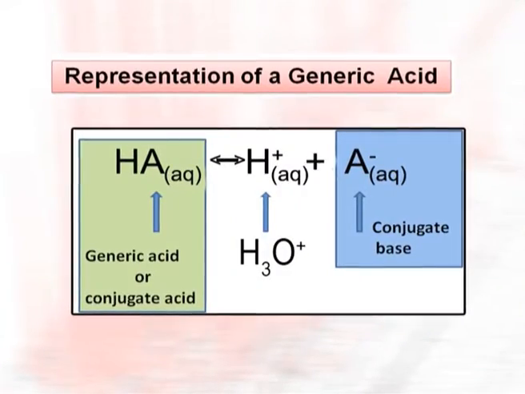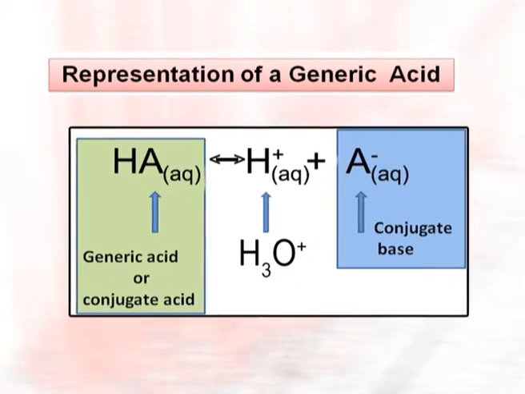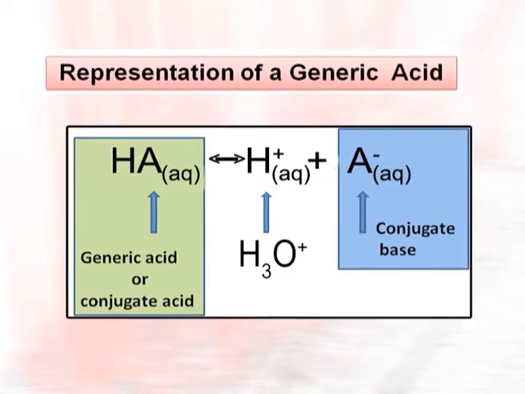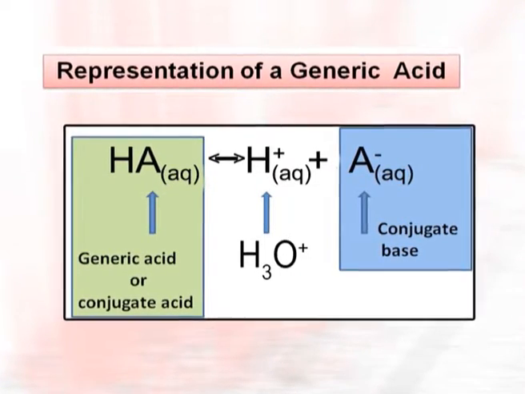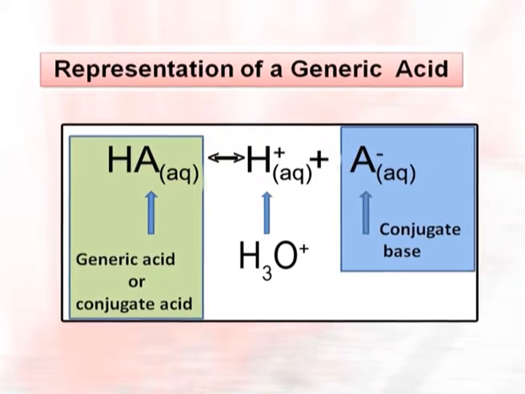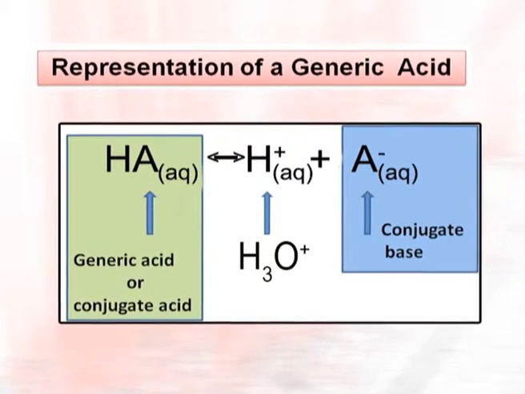Before going into the details of how a buffer acts, let us consider the dissociation of acids. If HA is a generic acid, then in water it dissociates to form H plus and A minus ions.